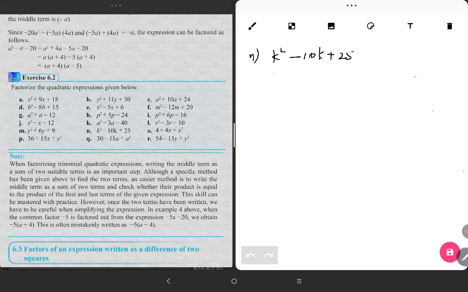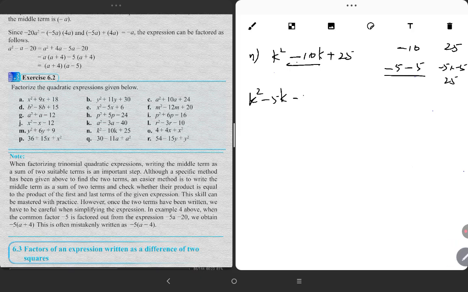Right, it's easy to think. Right now this is minus 10 and this is 25. The easier thing is minus 5 minus 5 is minus 10, and minus 5 times minus 5 is plus 25. So we write minus 10k as minus 5k minus 5k, plus 25.